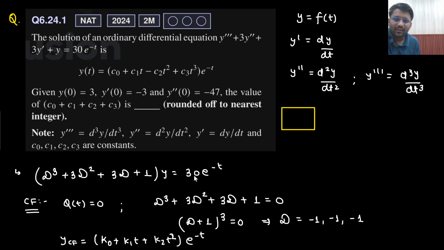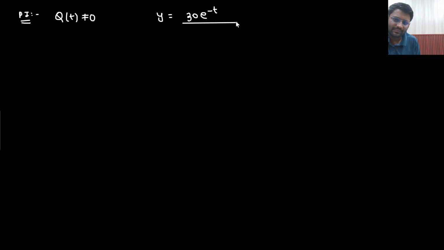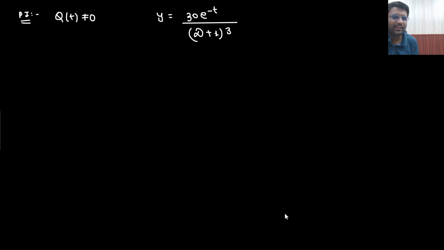So my y will come out to be 30 e to the power minus t upon D cube plus 3D square plus 3D plus 1. Can I directly write D plus 1 whole cube? This is nothing but D plus 1 whole cube only. Now you need to put D equals to minus 1.